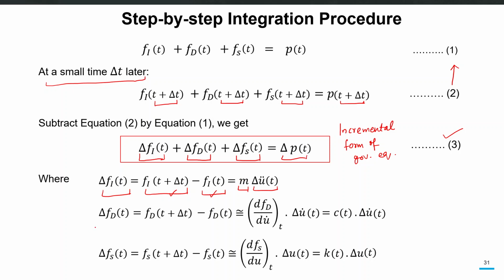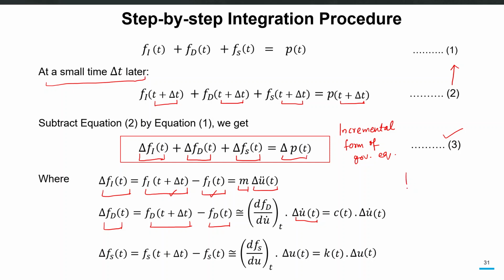But the change in damping force, which is equal to the damping force at time t plus delta t minus the damping force at time t, will basically be equal to the slope of the relationship between fd and u dot multiplied by the change in velocity.